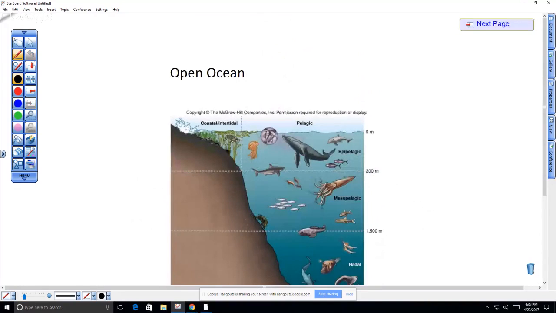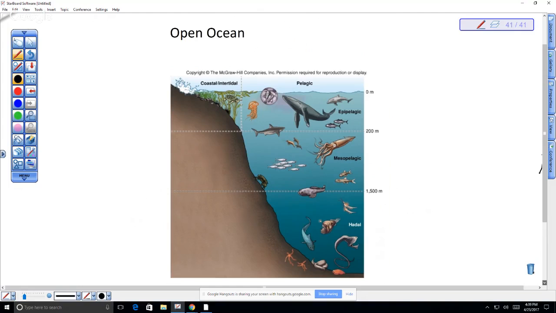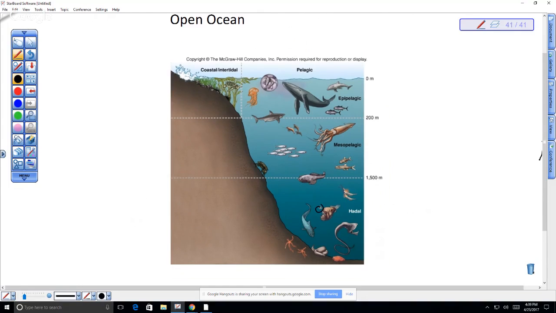The last one is the open ocean. When we look at the open ocean, we can look at the different layers as they represent the amount of light that can actually penetrate. And you might have heard of these fish that live in the bottom of the open ocean that actually use bioluminescent little lures.